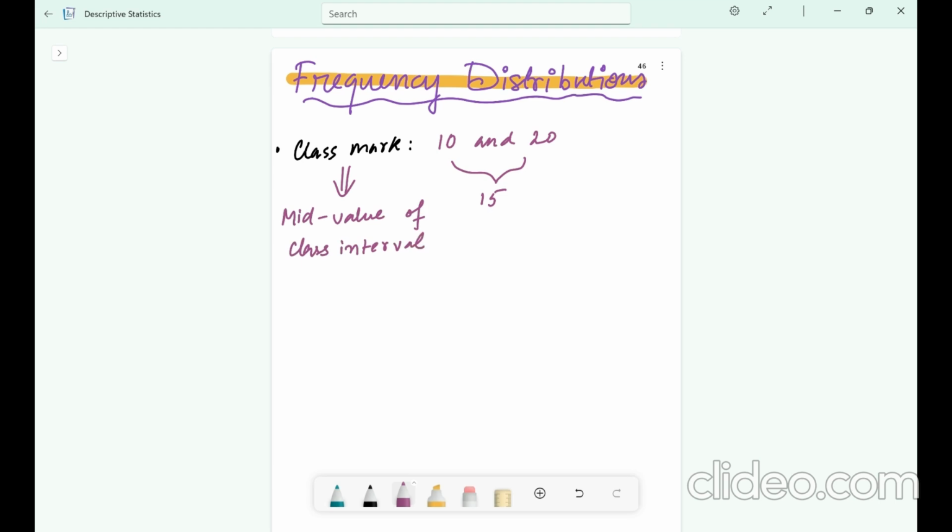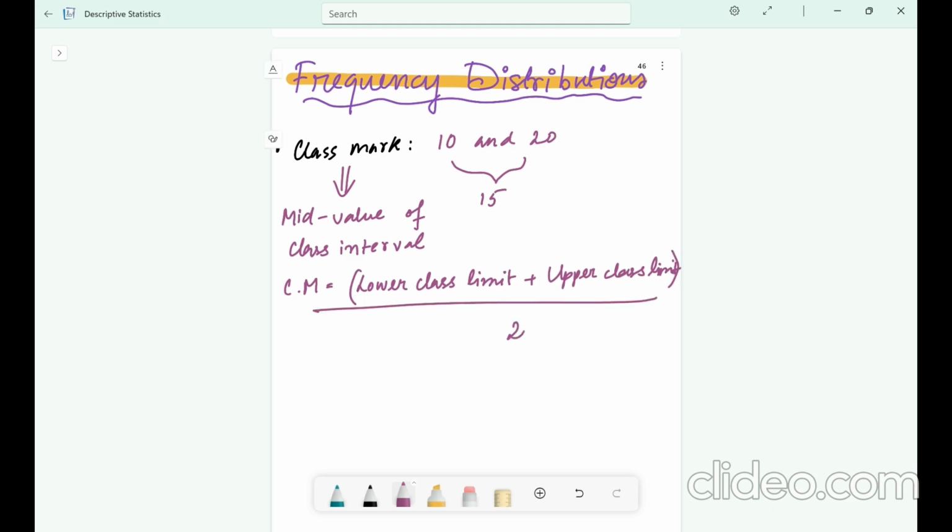So, what is the formula for it? Formula is class mark is equal to lower class limit plus upper class limit, whole divided by 2. Okay?